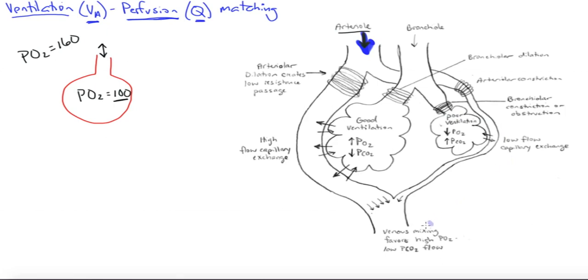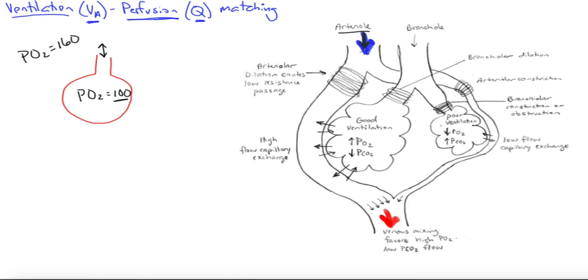Remember, the venous blood would be carrying blood flow away from the lung surface, the respiratory membrane surface, and would be much better oxygenated. So let's make sure we have our colors right there for oxygenated and deoxygenated.